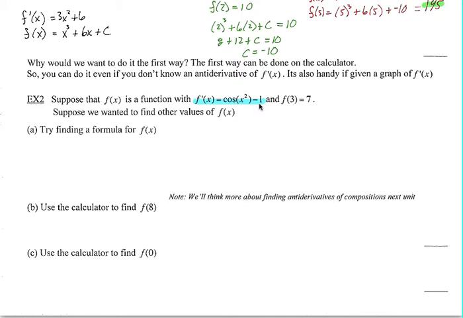All right. So if we're doing this algebraically, we would figure out what f of x was. We would simply take the antiderivative of cosine x squared. Let's give that a shot. If we're looking for the antiderivative, that's attempt number 1.